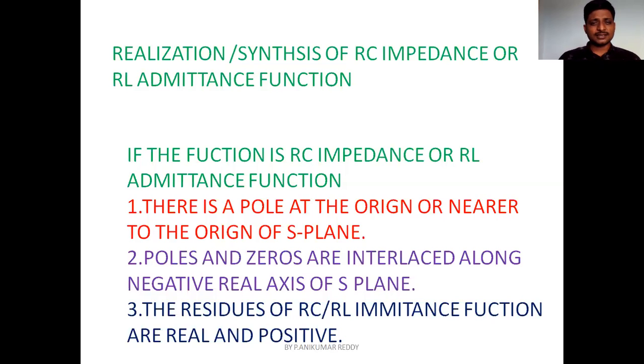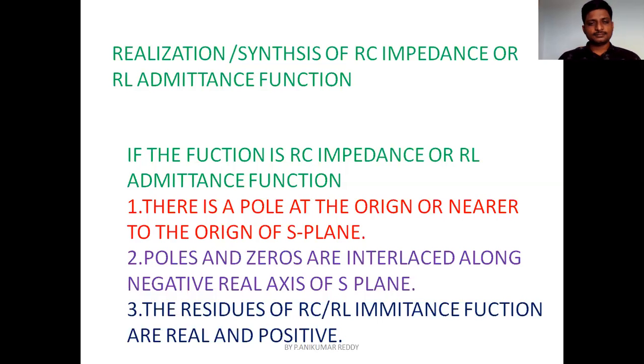Interlacing means alternate: first you get a pole, then zero, then pole, then zero. You should not get two consecutive poles or two consecutive zeros. Next, the third point is that you must not get negative residues. In most cases, if you satisfy the first two conditions, then 99% it will be an RC impedance or RL admittance function.